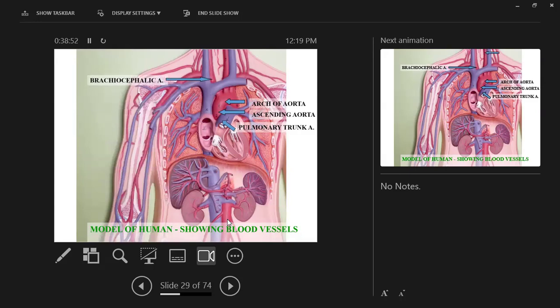Now there is the brachiocephalic artery. It has a distinction of being the shortest artery or smallest artery in the body. This first artery coming off the aortic arch right here is the brachiocephalic artery. It's about 1 inch long. Because if this is the left carotid artery and this is the left subclavian, well, we have a left carotid artery and a left subclavian.